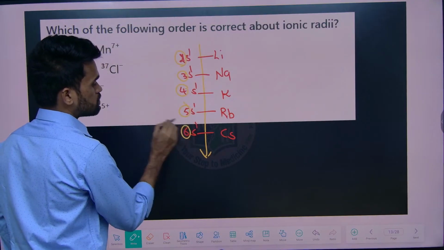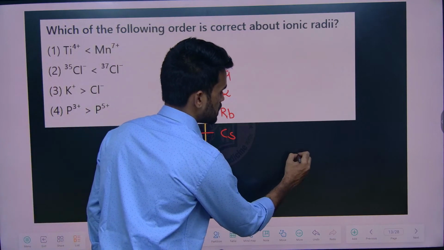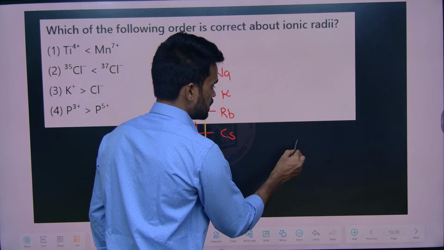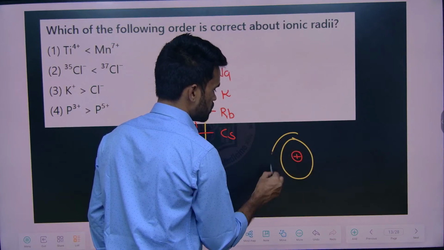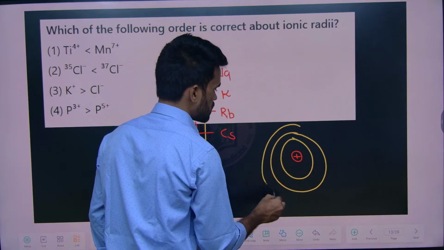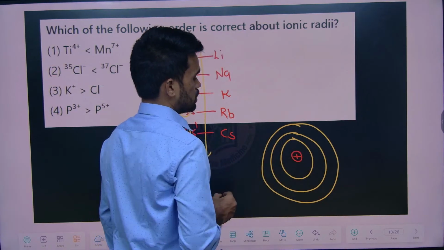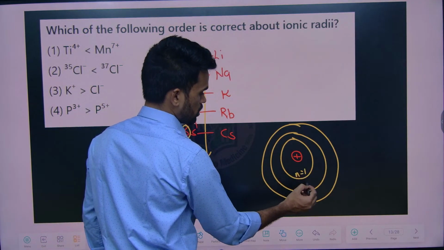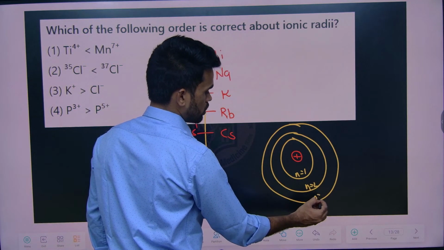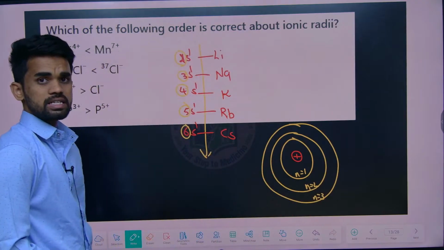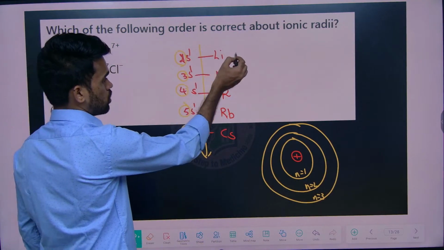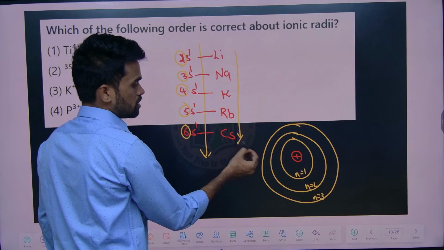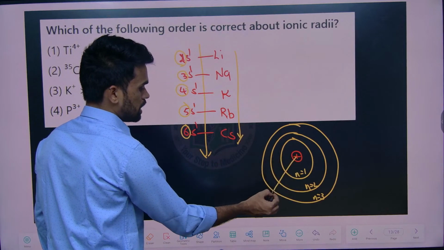What these principal quantum numbers indicate is, if this is the nucleus, then the circular paths you are seeing are called shells. So these are the shell numbers: n equals 1, n equals 2, n equals 3. As we move down the group in the periodic table, the size of the atom also increases.